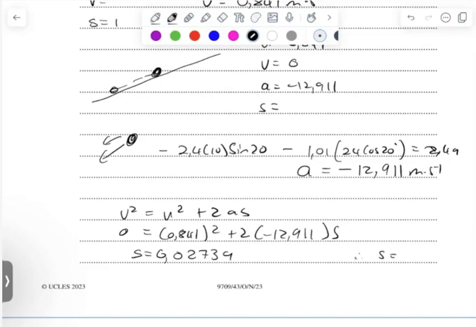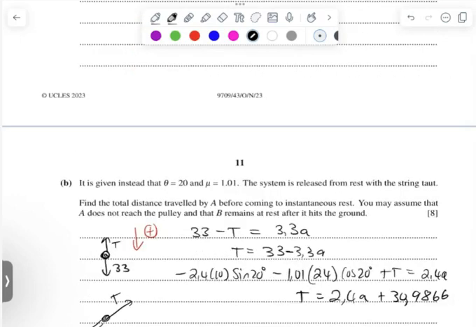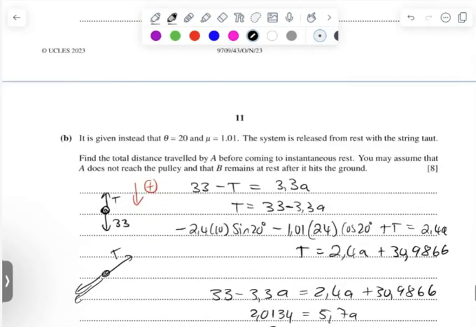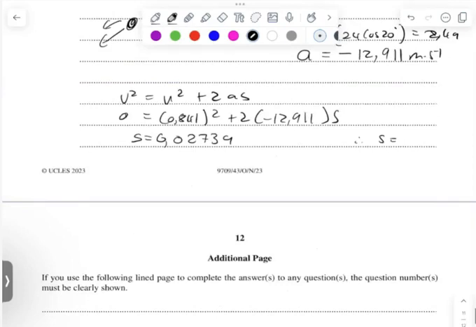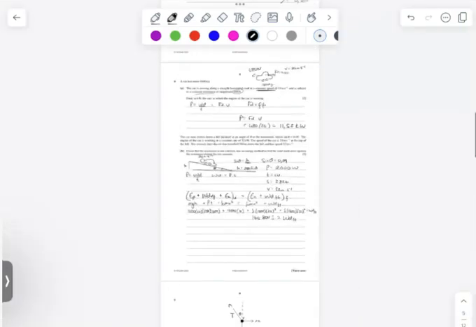So our total distance is then, let's just see what did the question actually ask. Find the total distance traveled by A before coming to instantaneous rest. Okay, so A travels 1 meter plus 0.027. So if we were to round that off to 3 significant figures, we would get 1.03 meters to 3 significant figures. Okay, and I think that is it.